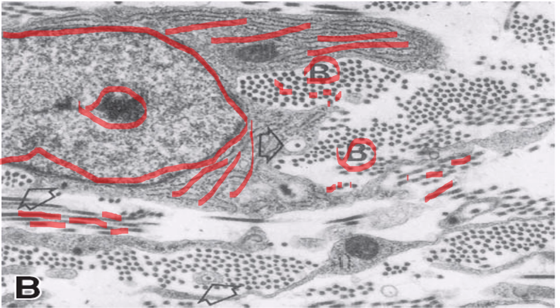Then there are fibropositors that are highlighted by these arrows. These fibropositors are actually extensions of the fibroblast cytoplasm that surround and guide the fibrils of the collagen.